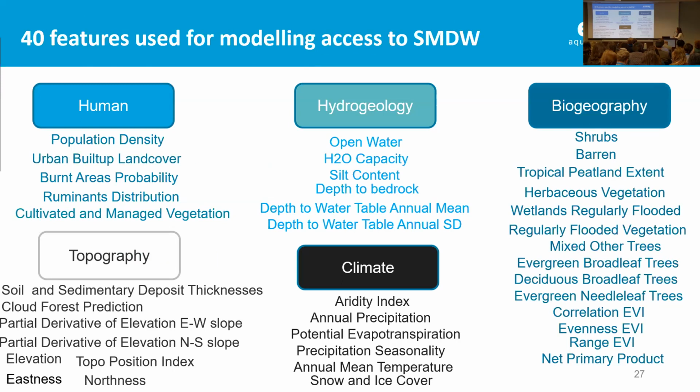These are all the other features we're using. So now we're using 40 features, which describe about 90% of the variability in the original 121 features we started off with. I'm not going to go into too much detail on these features, but as you can see, we have different information on hydrogeology.